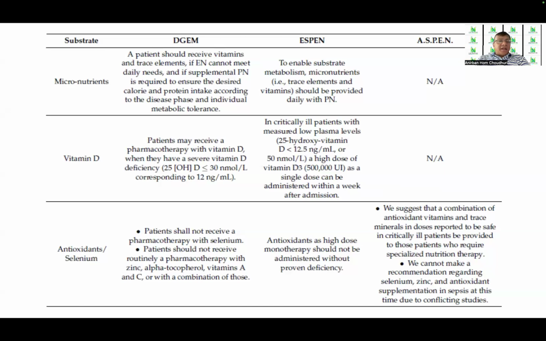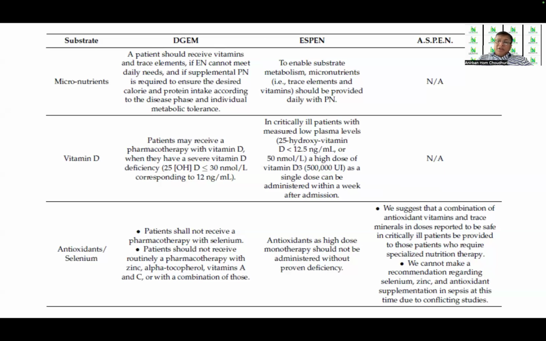Similarly, regarding antioxidants or selenium, it is not approved by either the ESPEN or the DGEM, but a combination of antioxidant vitamins and trace elements in doses is reported to be safe in critically ill patients as per the ASPEN guideline, and they say that it can be provided to patients who require specialized nutrition therapy.